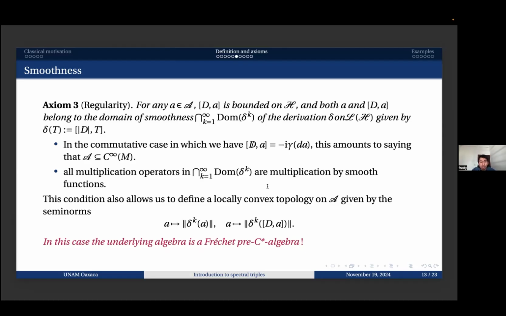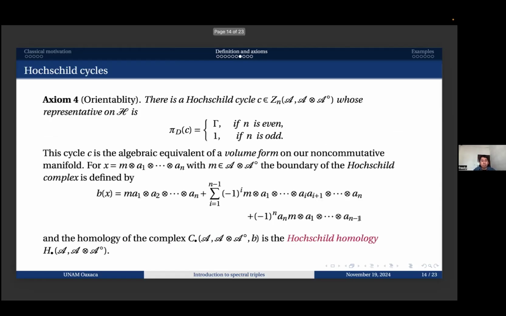These conditions allow us to define a locally convex topology on A given by these seminorms. And this regularity axiom actually implies that the underlying algebra A is a pre-C* algebra. As I said at the beginning of this talk, if this regularity axiom holds, our algebra is a Fréchet pre-C* algebra.